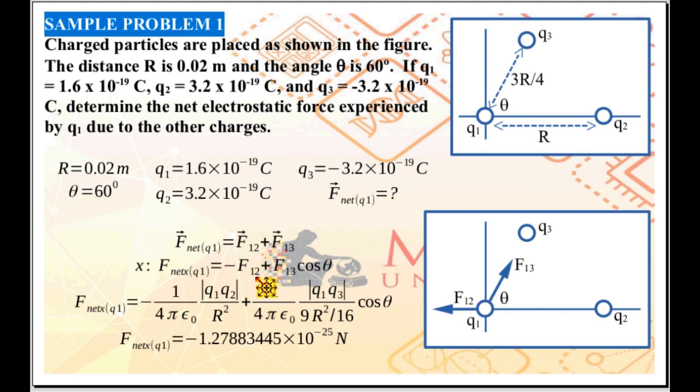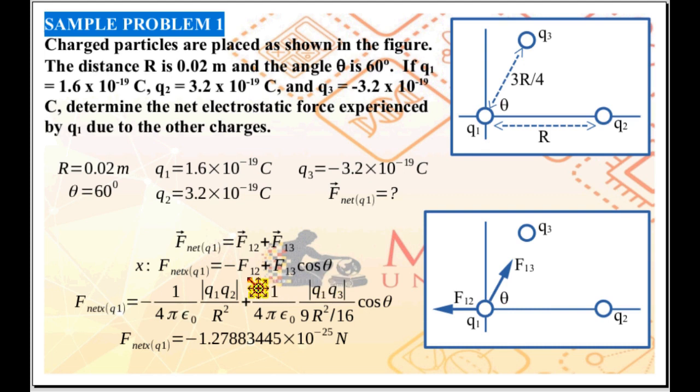So minus F12. Then F13 is diagonal. X component, positive direction, adjacent to angle theta. So positive direction plus F13, adjacent to angle theta, so cosine theta.